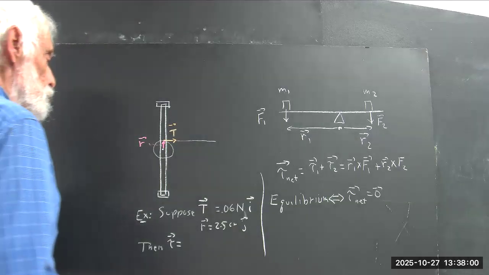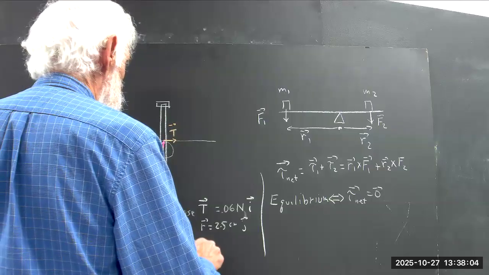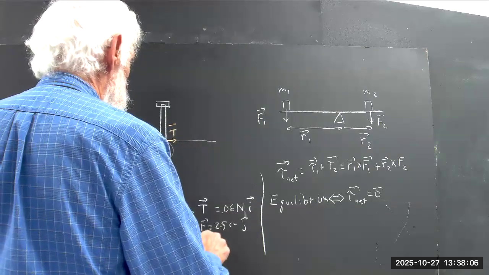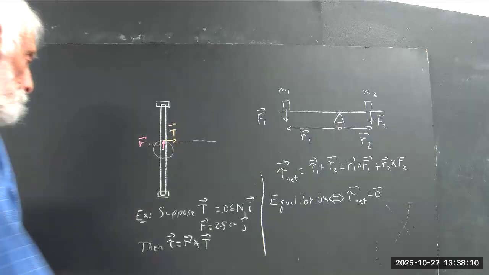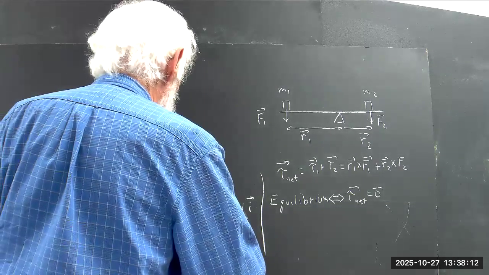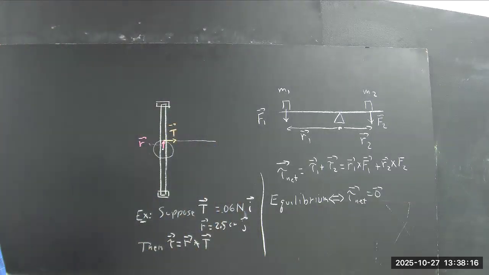Then the torque equals R times T, the cross product of the R vector with the tension vector. What's that cross product?